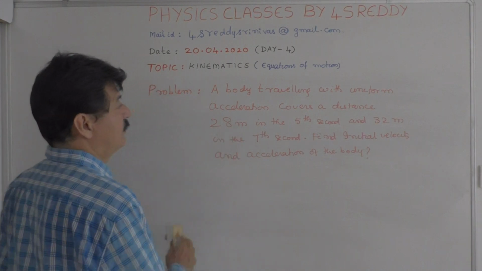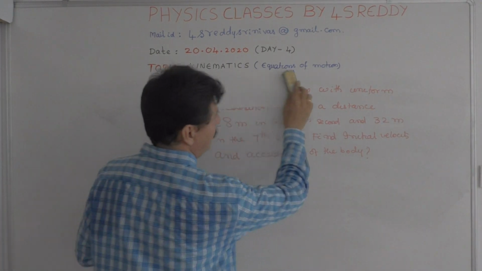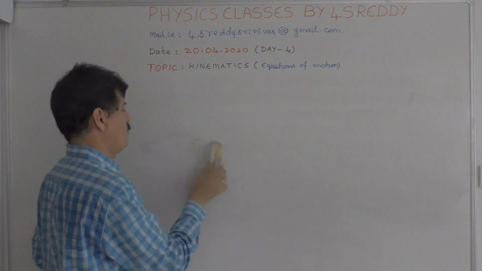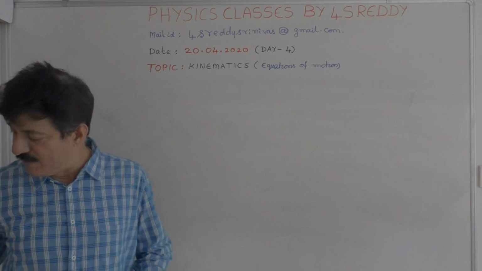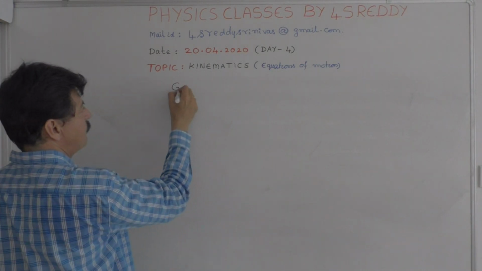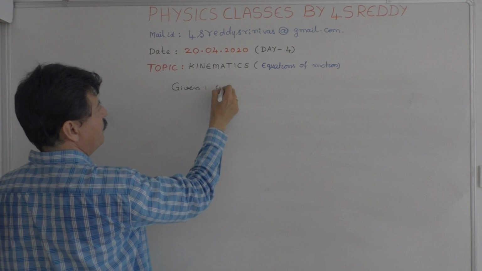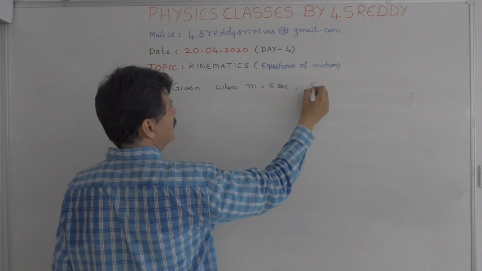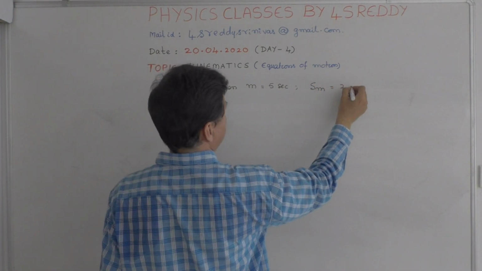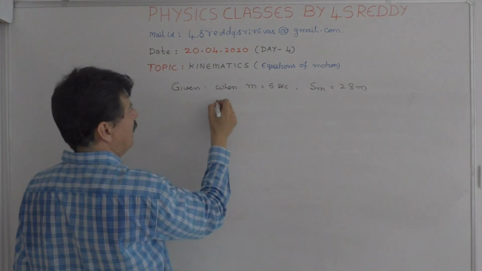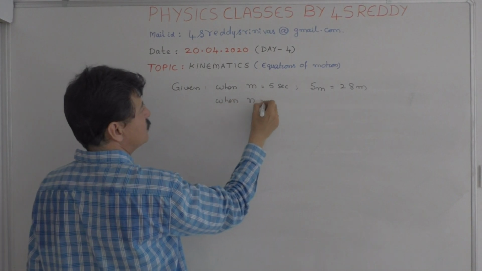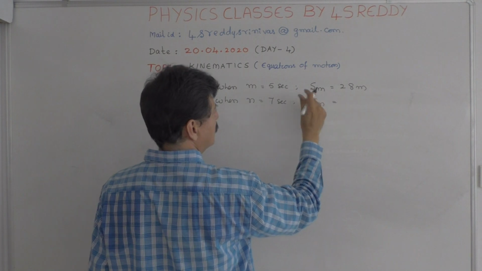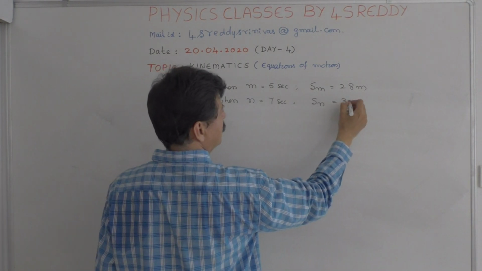Here, if you can observe, the solution is simple. What you are given is, when m is equal to 5 seconds, then Sm is equal to 28 meters. And when n is equal to 7 seconds, then Sn is equal to 32 meters.